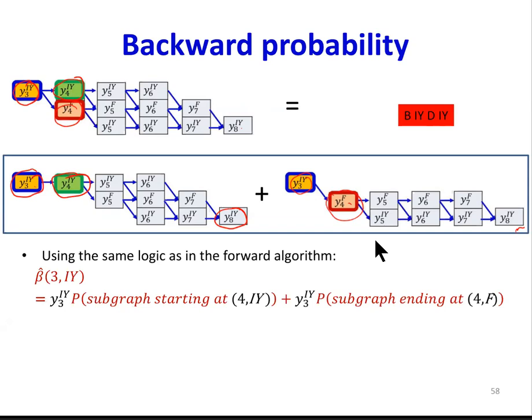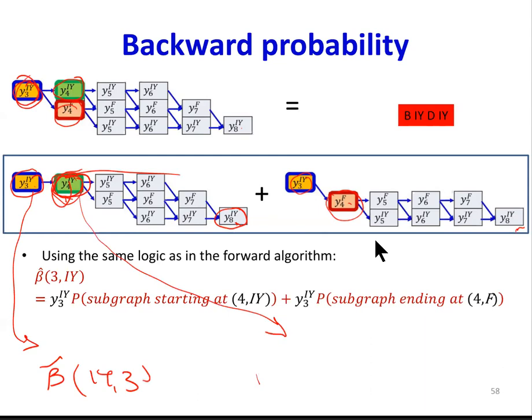And what is the total probability of all paths from here to the end? It is the sum of the betas. If this guy is beta hat E3, what is the total probability of all paths from here to the end? Beta hat E4, right?